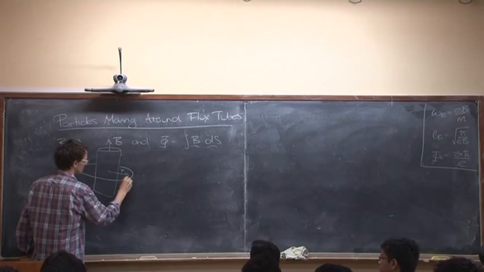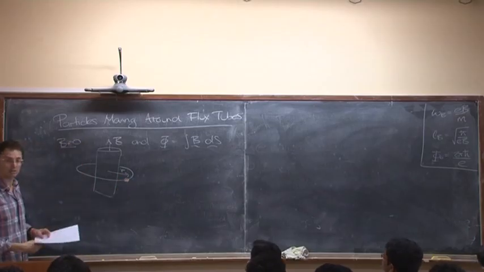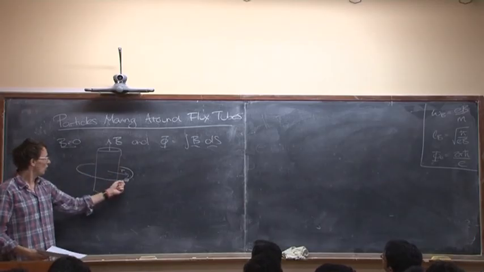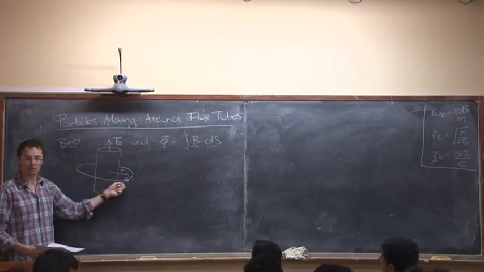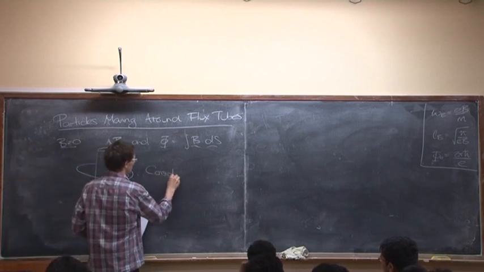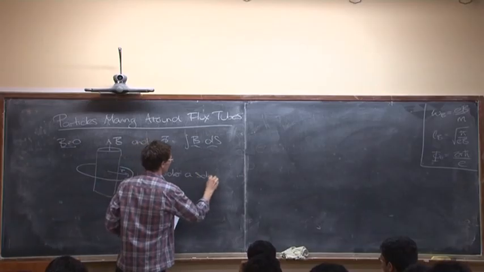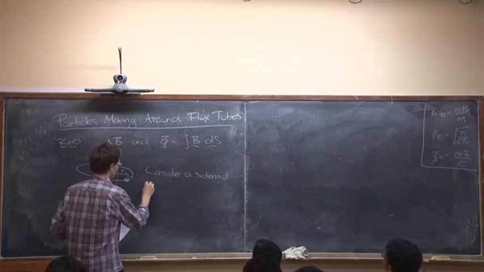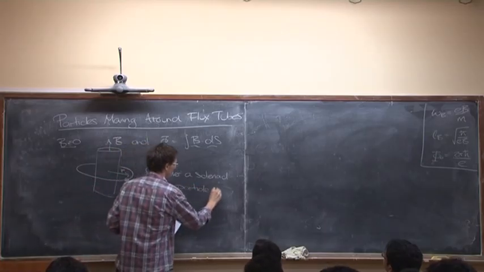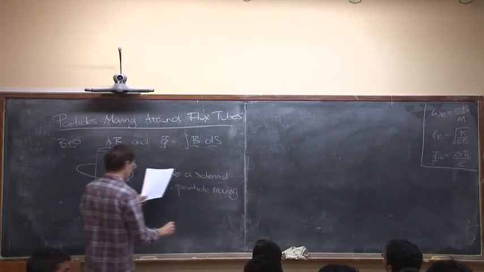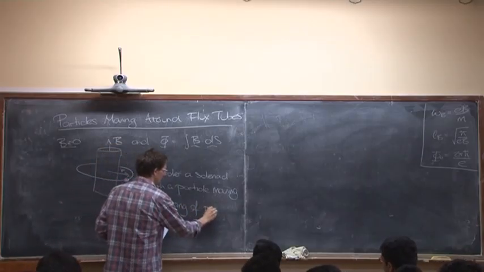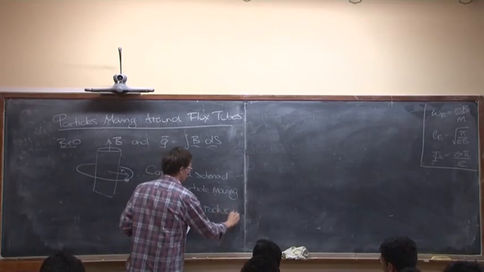So the ring has radius r, and there's a quantum mechanical particle which is just going to be moving on this ring. So it's fixed to move on this ring. So consider a solenoid. Particle moving on the ring. Radius r.